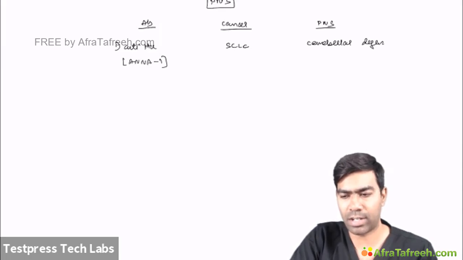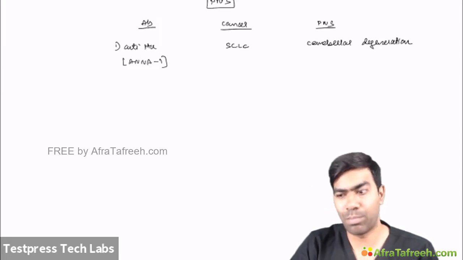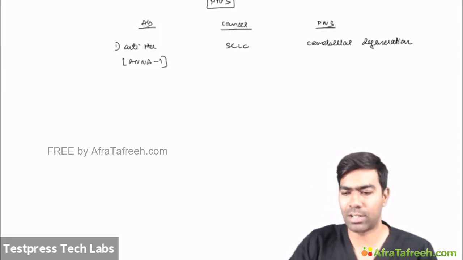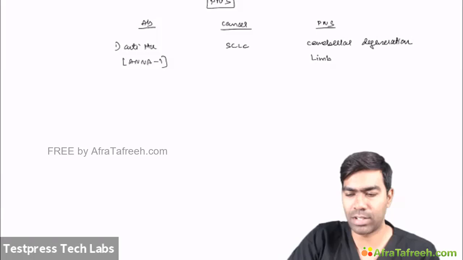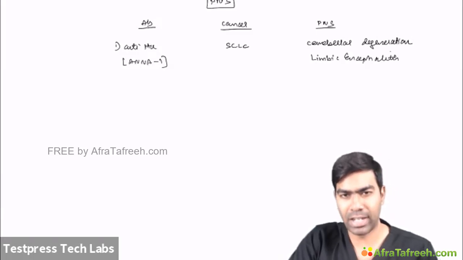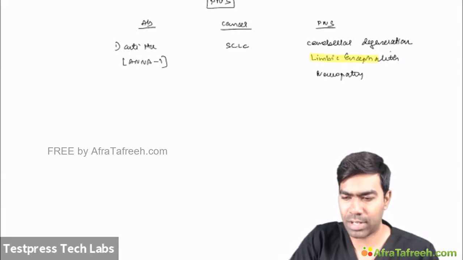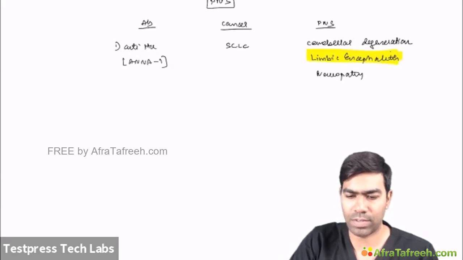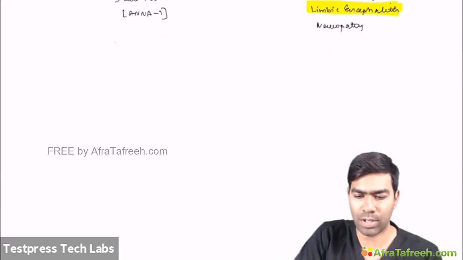I'll tell only the selected points. There are more than 25 antibodies; only selected important antibodies I'm telling. Cerebellar degeneration, then they can produce limbic encephalitis. I think I've told something about this already. Then they can produce neuropathy. But as far as I know, in exam, this limbic encephalitis word is going to be the most important with regards to anti-Hu antibody, that is ANNA-1.